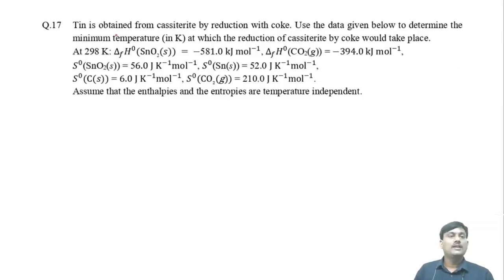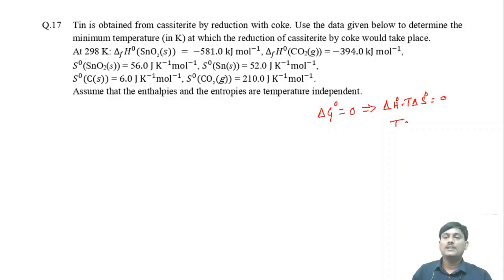17th question. Tin is obtained from cassiterite by reduction with coke. Use the data given below to determine the minimum temperature in Kelvin at which the reduction of cassiterite by coke would take place. For this, the condition is that delta G naught should be 0, meaning delta H minus T delta S is equal to 0.